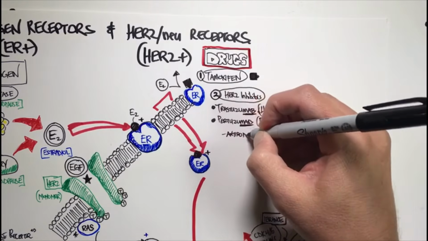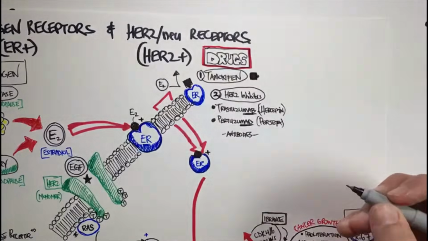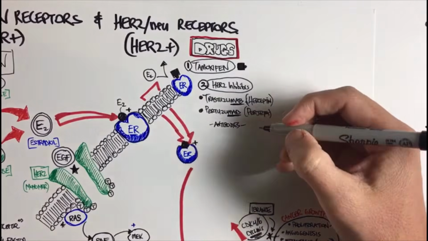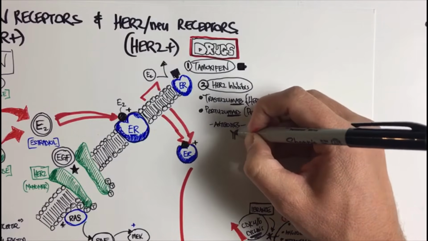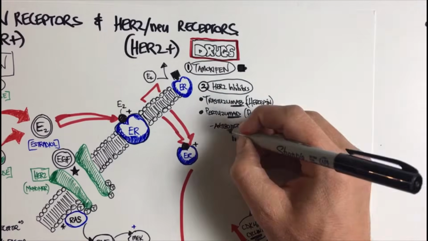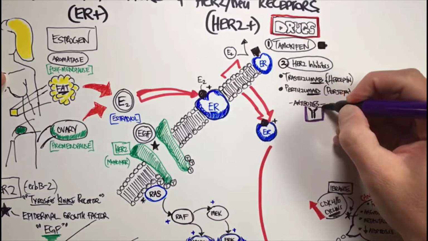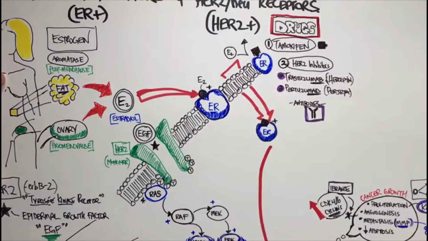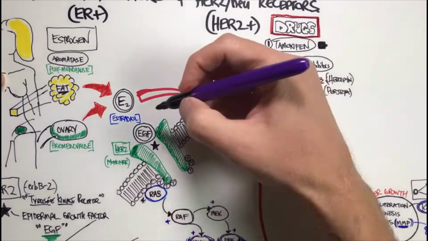So these are antibodies. And these antibodies are very specific. They are designed to bind on to the HER2 receptor. So if I draw an antibody here, if you remember from your immunology, if you took it, antibodies have sort of this Y shape. Okay, so trastuzumab and pertuzumab.